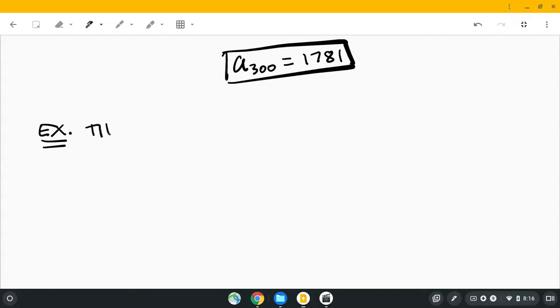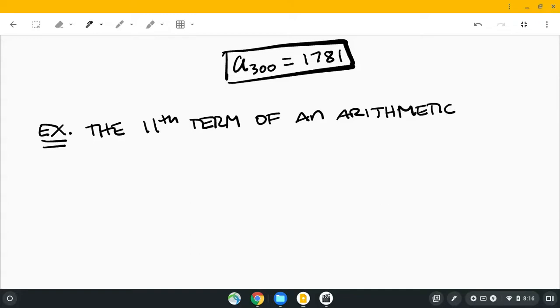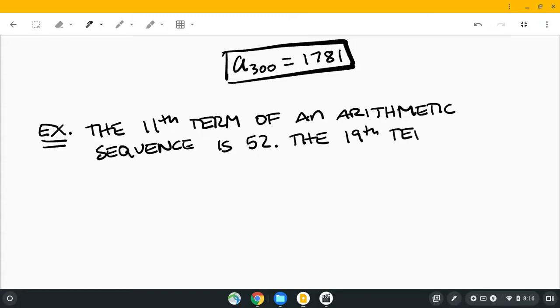Suppose that we know that the 11th term of an arithmetic sequence is 52, and the 19th term is 92. Find the 1000th term.